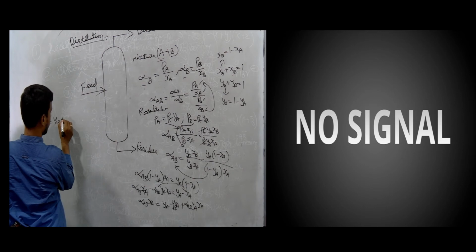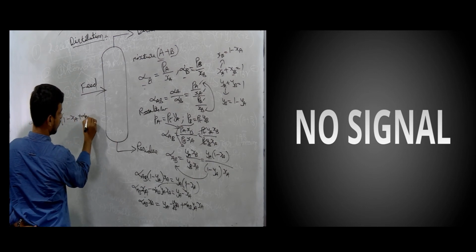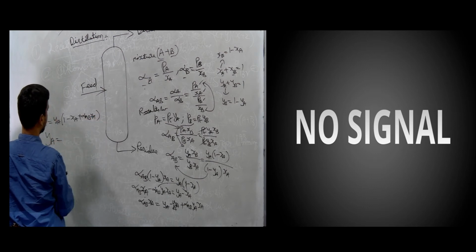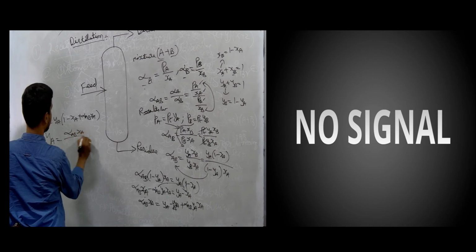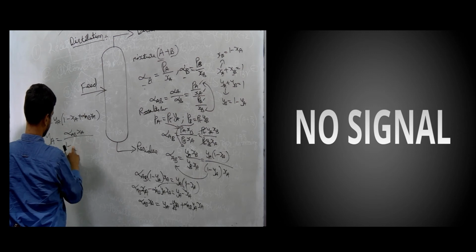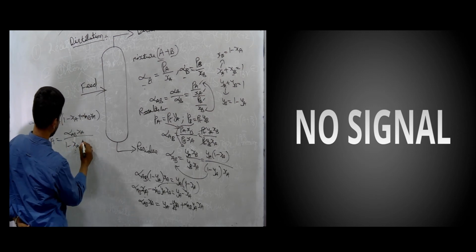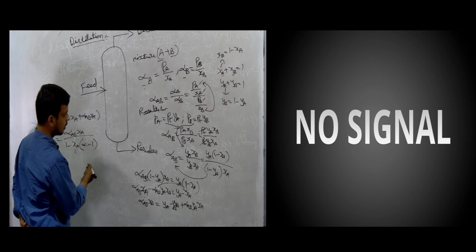So Ya common we can take, so this will be 1 minus Xa plus alpha AB into Xa. Therefore, Ya is equal to alpha AB into Xa divided by 1 plus (alpha AB minus 1) into Xa. Like this we can define it.